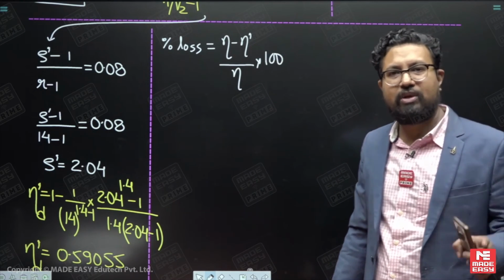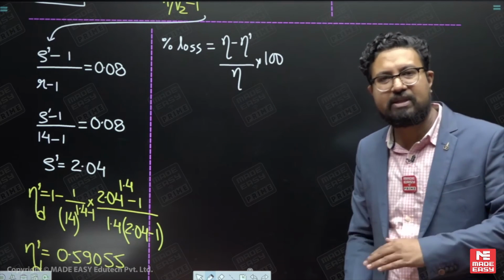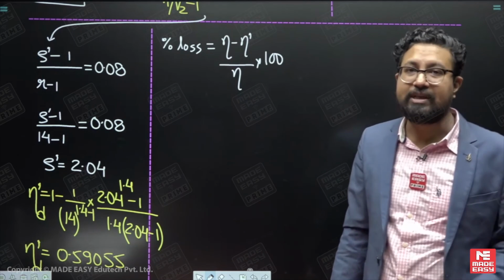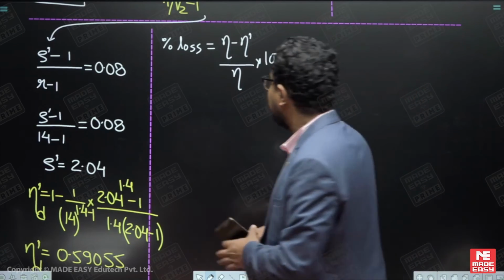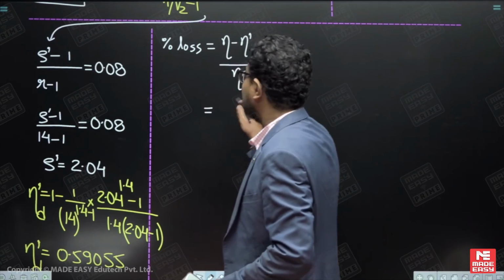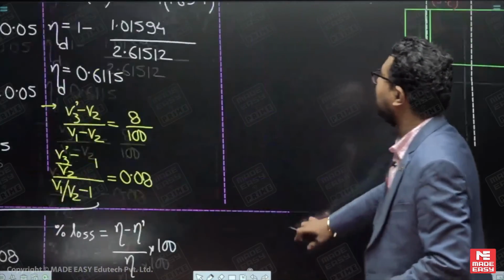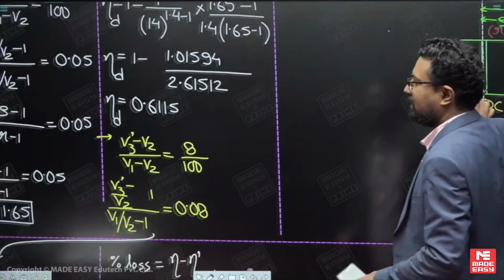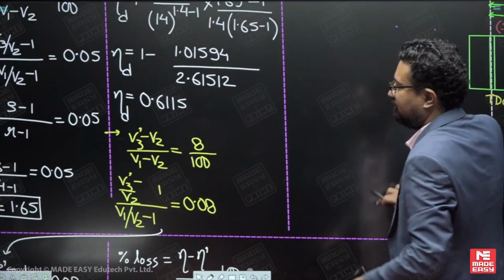Whenever we have to calculate loss or gain, it is always calculated with reference to the initial value. The initial value of efficiency we calculated came out to be 0.6115.